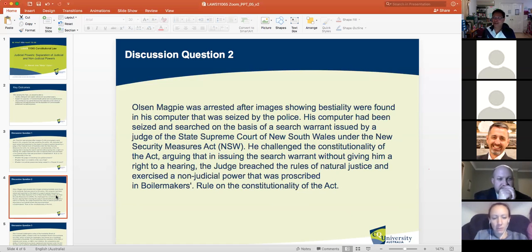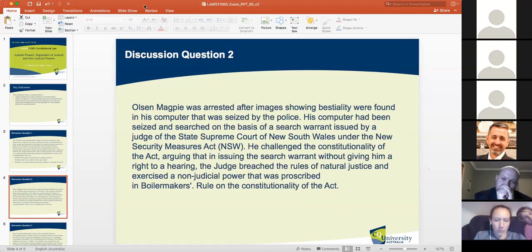Okay, so can somebody try to state for us what the legal issue is for discussion question 2? Yeah, basically, did the state have the power to pass legislation allowing a search warrant to be issued by a judge of the State Supreme Court of New South Wales?